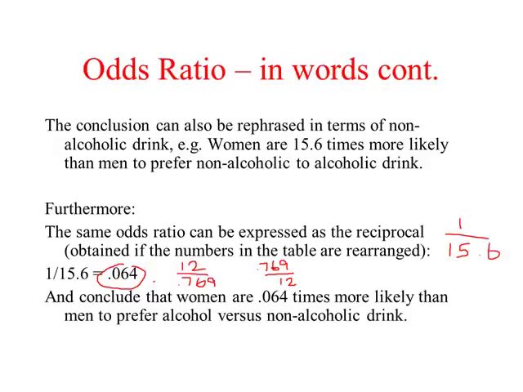So we could say women are 0.064 times as likely as men to prefer alcohol versus non-alcohol. Since this is less than 1, we're actually saying they're less likely. I think this way is more confusing because we're talking in terms of less than 1. And to me, talking in whole numbers like 15.6 times makes more sense, which is why I think usually you would want to go for the one that makes intuitive sense.